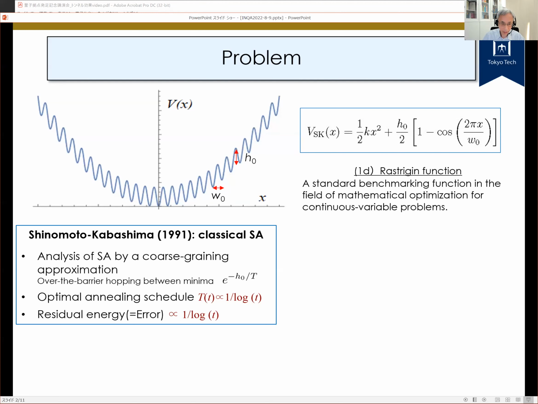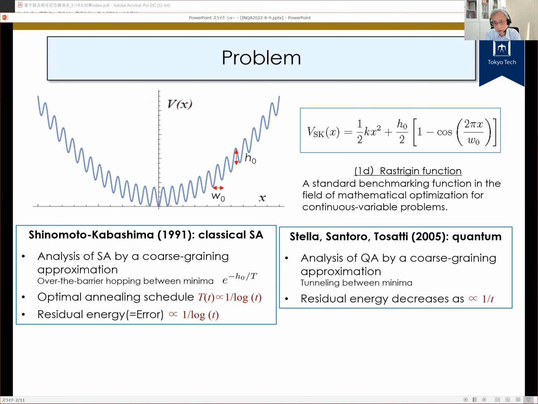And correspondingly, the residual energy, which is the error of the algorithm, is proportional to the log inverse of the log of time. And this is a very slow process. It is natural because at very low temperatures at the end of the process, the particle around here should go over the barrier, which is exponentially hard for low temperature. So this is a result by an approximation theory 40 years ago.